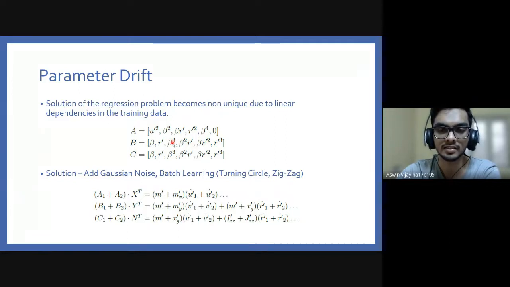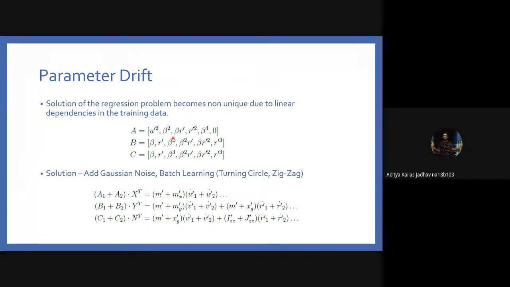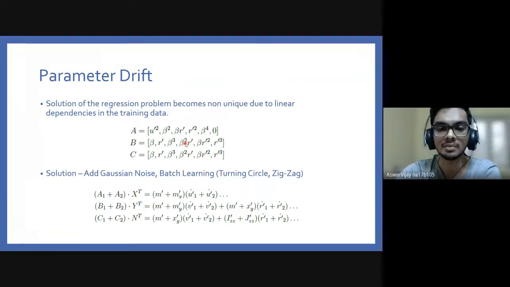Highly correlated means that these are linear combinations basically. This beta cube can be written as a linear combination of this and this. That means the regressor can't distinguish between beta cube and beta square r. Thus, the coefficients that the regressor will give to these, it allocates them randomly, I think, based on the gradient descent optimizer.